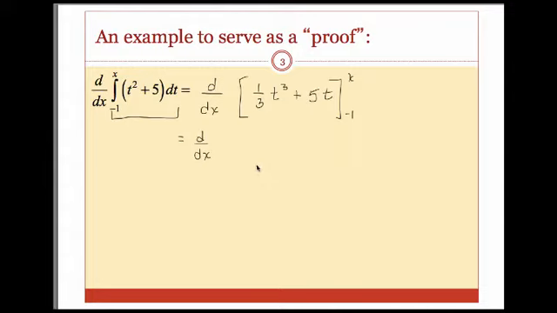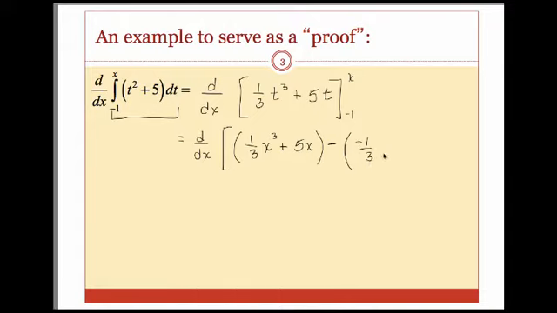So again, remember what the first fundamental theorem of calculus told us yesterday. We're going to substitute in the x first, the upper limit of integration. All right, so I'll write all that out for us. So that's 1/3 x cubed plus 5x. All right, then remember it's always minus. Now we're going to substitute in the -1. So I'm going to go ahead and do all that number crunching.